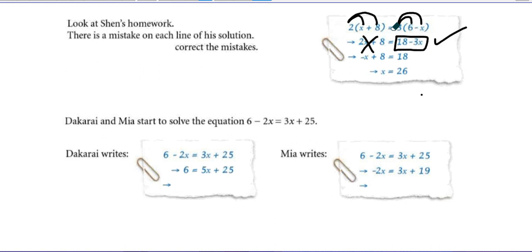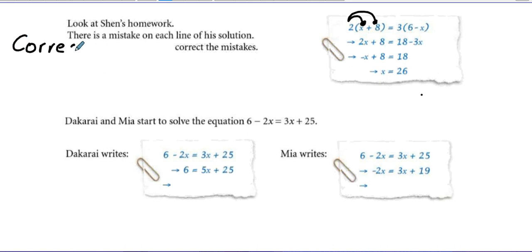Okay, let us try to correct the mistake. The question was 2 times (x plus 8). So 2 multiplies here, and this 2 multiplies also there. So this is the correction.